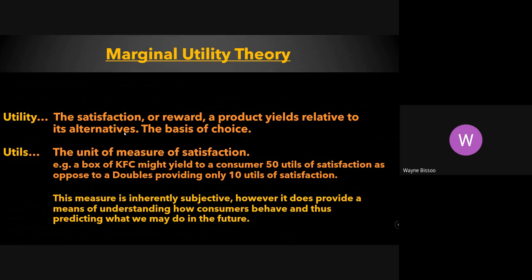Because to them, the amount of satisfaction that they derive from one or the other is either going to be greater or smaller depending upon the preference of the individual. The main thing about this, especially under the marginal utility theory, is that it is a very subjective thing.